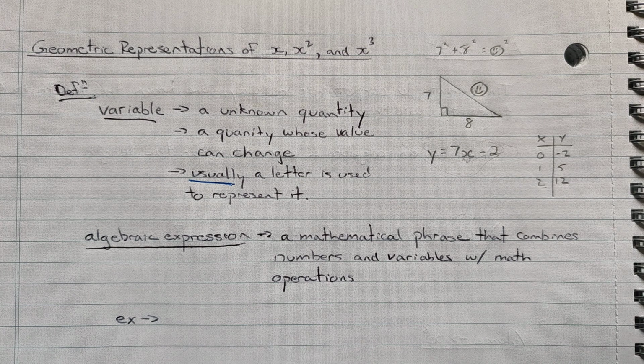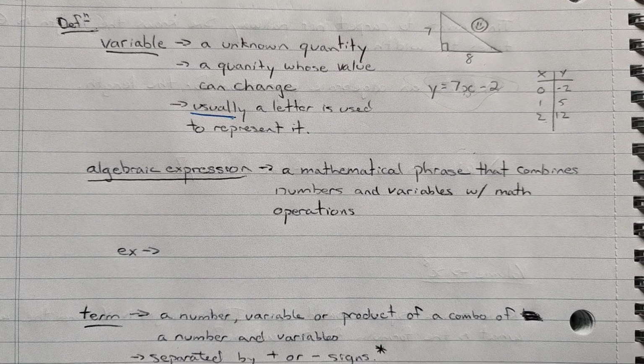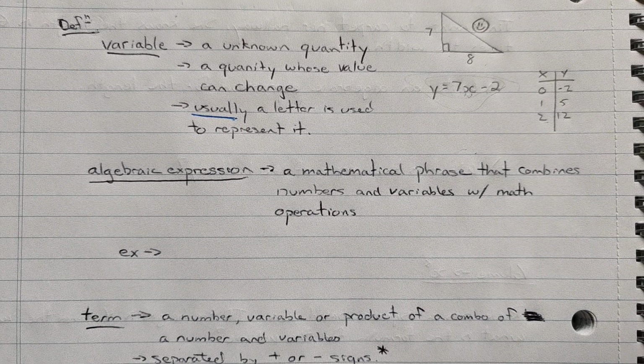All right, so now another common term that we'll use is an algebraic expression. An algebraic expression is just a mathematical phrase that combines numbers and variables with math operations. The numbers and variables we've just defined, and the math operations are things like adding, subtracting, multiplying, dividing, square roots, and all that.